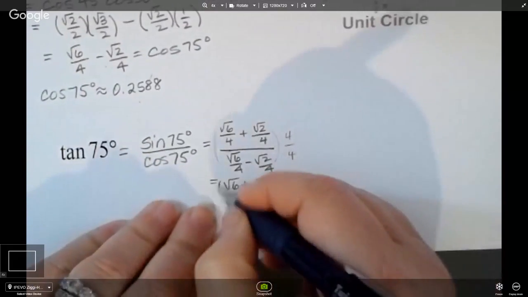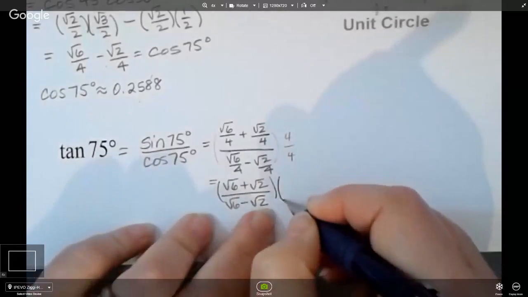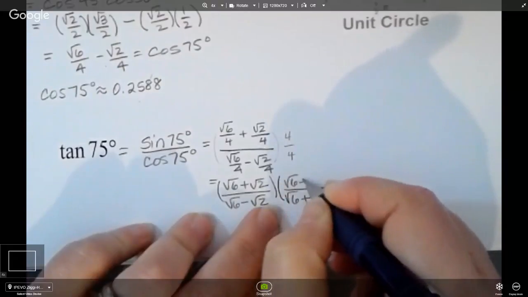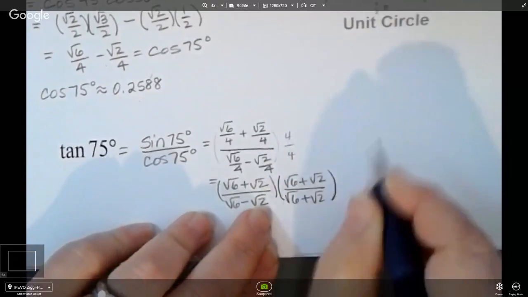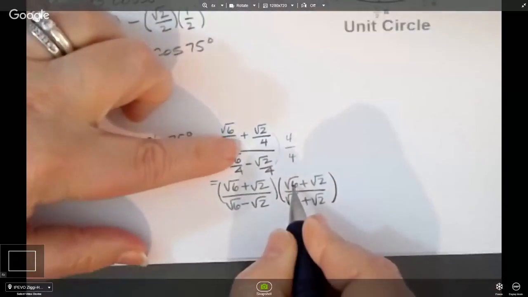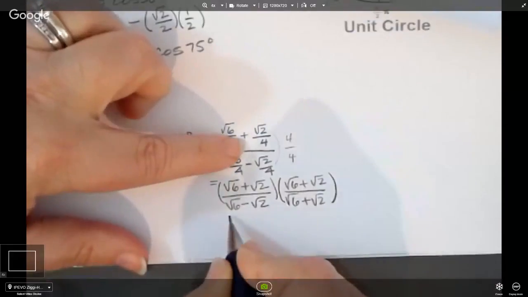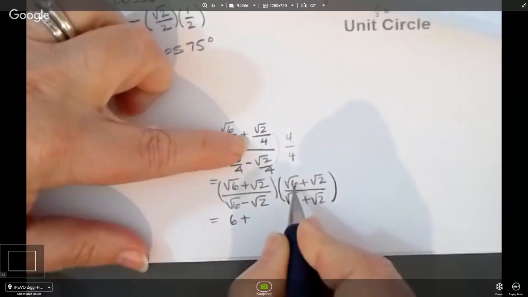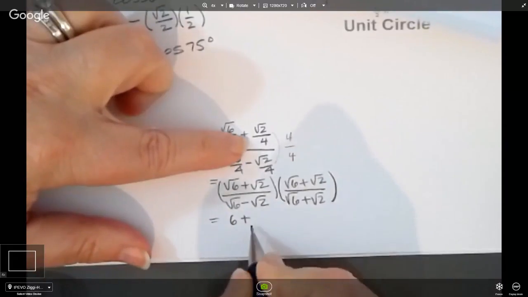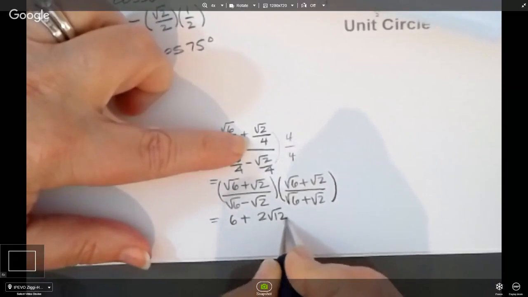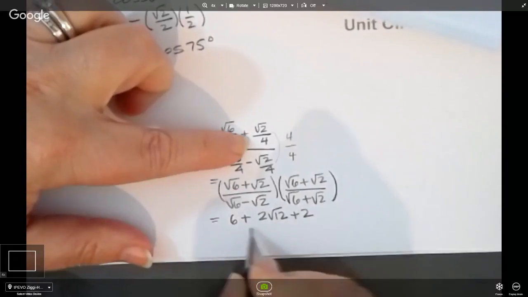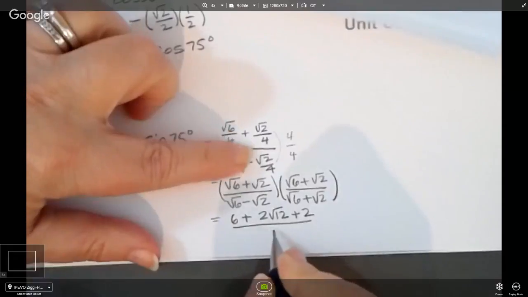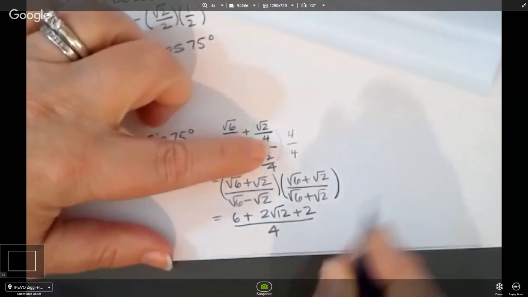And through the magic of rationalization, this is going to be root 6 plus root 2, root 6 plus root 2. We get root 6 times root 6, which is 6, plus 2 times the square root of 12, plus 2 over, well, this is going to be root 6 squared minus root 2 squared, which is going to be 6 minus 2, which is 4.